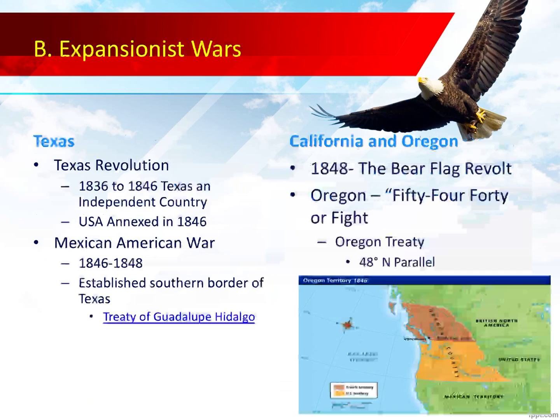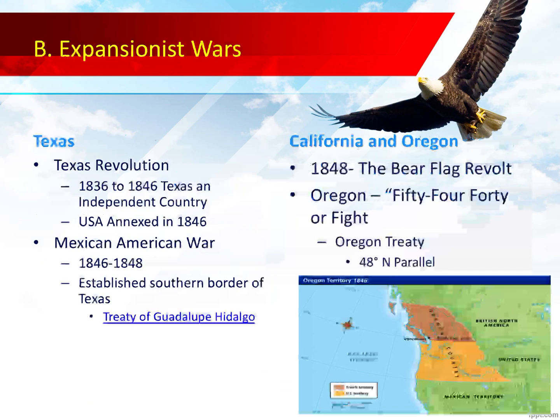It happened to the Native Americans, where we had our Native American wars. We'll talk about that on another day. But I want to focus in on the expansionist wars with Mexico, namely Texas to the south and California and Oregon to the west.